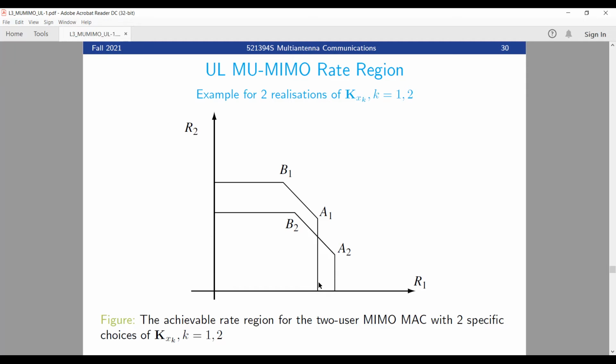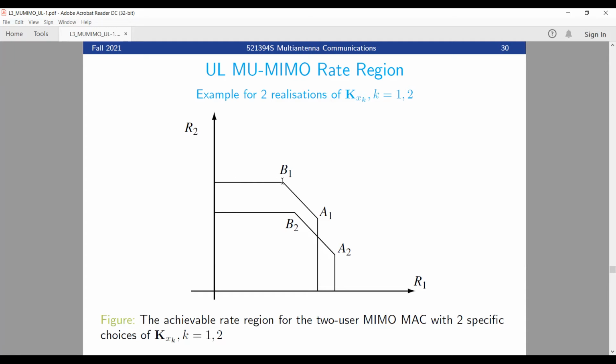Now, if you have these two sets of covariance matrices in your toolbox, you can clearly see that the first strategy favors user 2, right? If you have just these two sets of covariance matrices that you can choose from, then if you want to favor user 1, this is the first set.